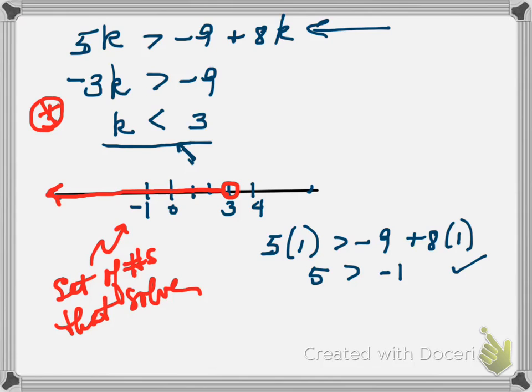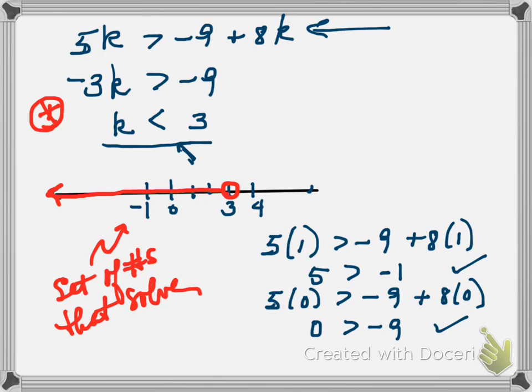Well, the red covers a whole bunch of numbers, so we could pick another one. What if we picked 0? 5 times 0, is this greater than negative 9 plus 8 times 0? Is it true that 0 is greater than negative 9? Yes, it is. So 0 is a solution to this problem.